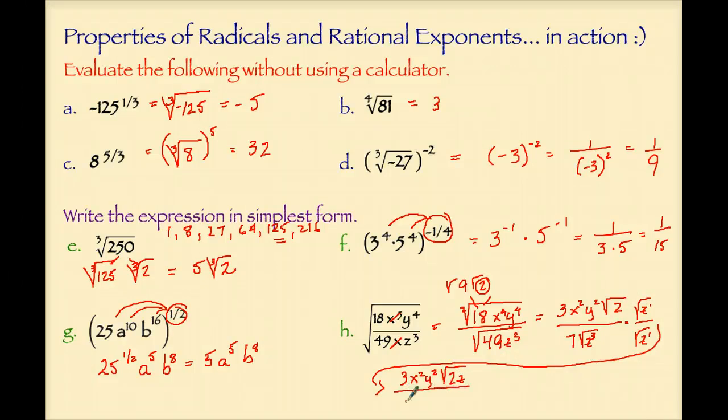And then in the denominator, the 7 is completely out, and we have now created this situation, z to the 4th under the radical, which is awesome because 2 goes into 4 evenly, meaning our final simplified answer will be 3x squared, y squared, the square root of 2z in the numerator over 7z squared.